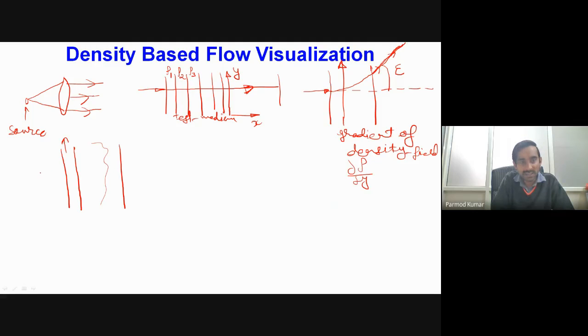Okay, so in that case, while the light ray is coming, it will only deflect in this particular zone. So in this zone it will have deflection, and after that, because in the rest of our test section we do not have a gradient of the density, it will be moving in a single direction. Okay, so it means for the light wave to deflect we should have a gradient in refractive index, or in other words the gradient of change of density.